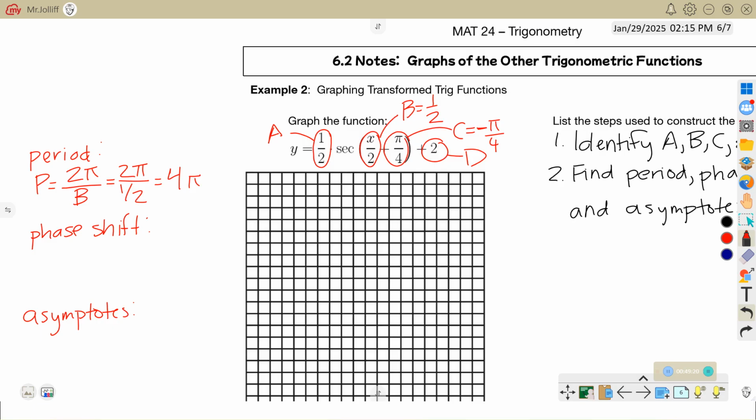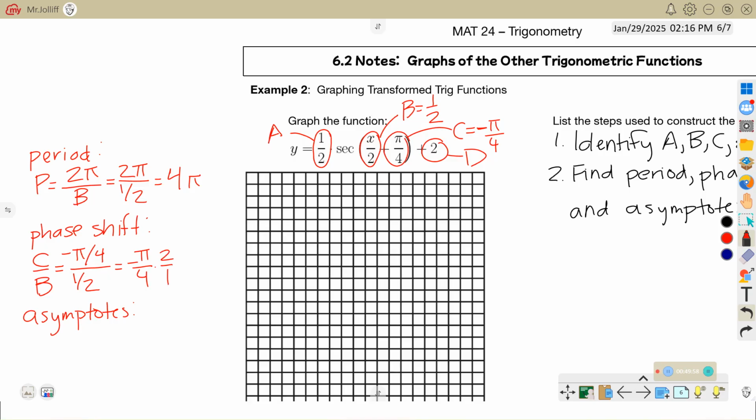Next is the phase shift. Phase shift is C over B. Our C is negative pi over 4. Our B is 1/2. So we turn that into a multiplication problem. Numerator comes down, negative pi over 4, and I multiply it by the reciprocal of the denominator, which is what? 2 over 1. Perfect.